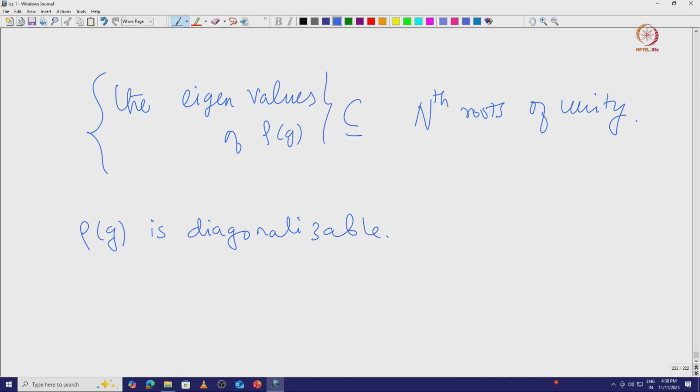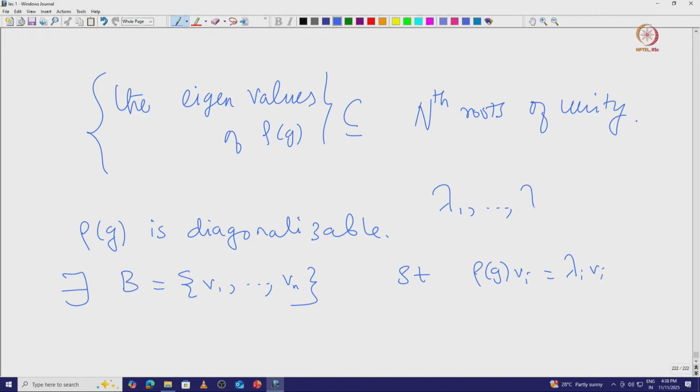Since it is diagonalizable, there exists a basis B, let us label it v 1 etcetera v n, such that rho of g acts on this basis by the eigenvalues. So, let us say lambda 1 etcetera lambda n are the eigenvalues of this rho of g, of course counted with multiplicity.